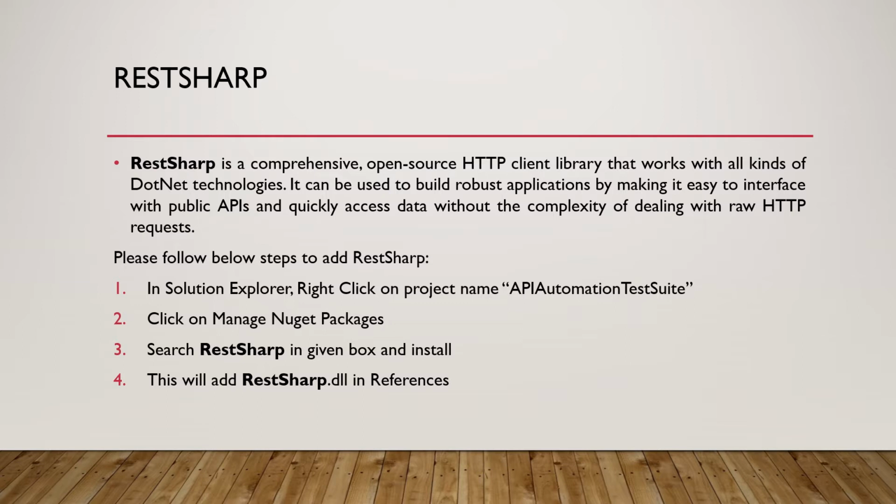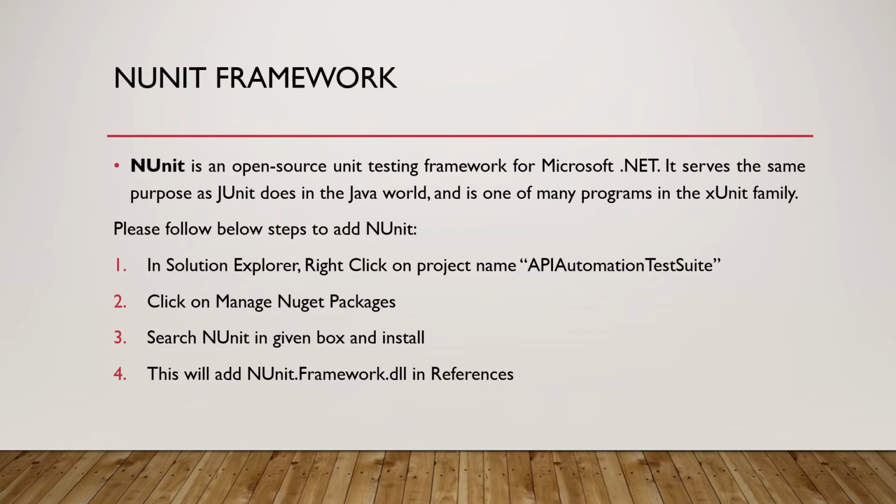Please follow the below steps to add RestSharp. In Solution Explorer, right click on the project name, click on Manage NuGet Packages, just search for RestSharp in the given box and install it. This will add RestSharp.dll in the references.